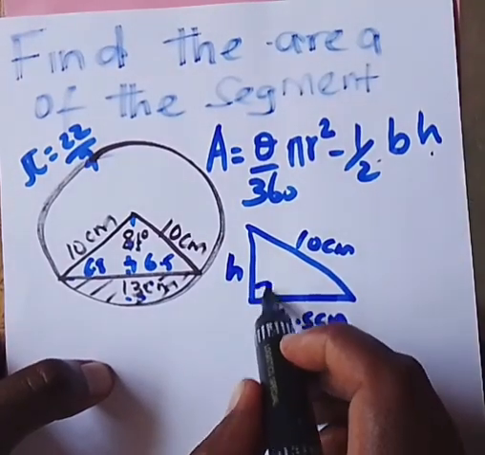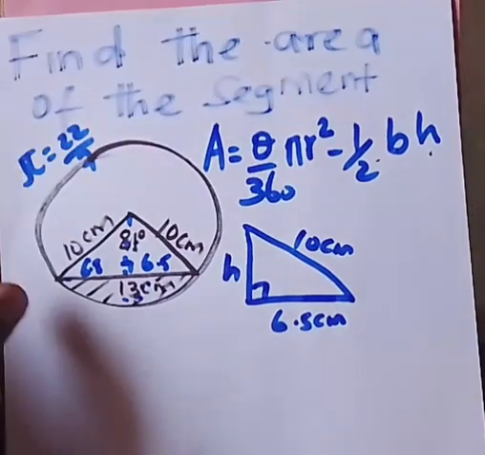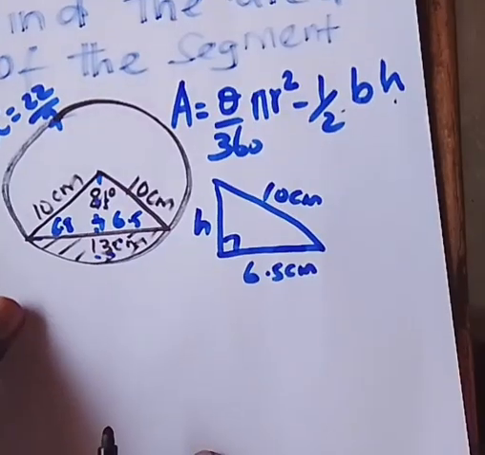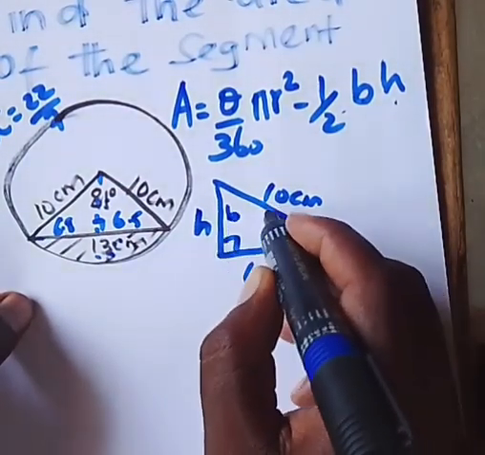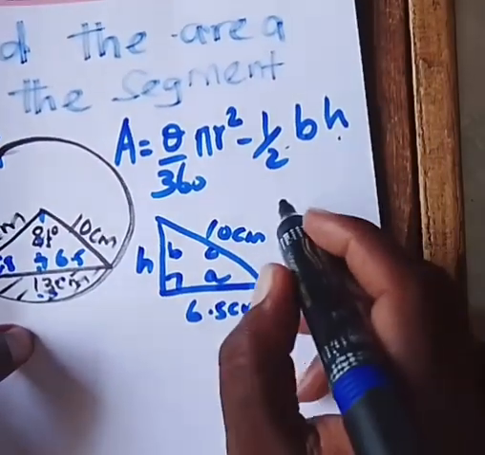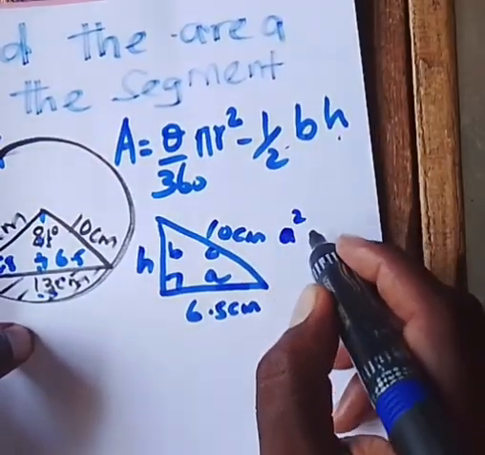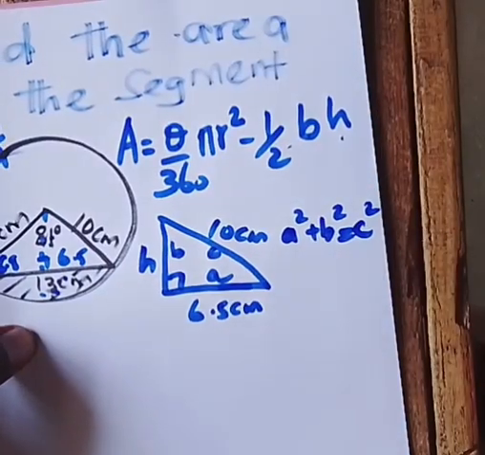So this height, we will use what we call the Pythagoras theorem to get the height. So we can just name this side as A, this side as B, and this side as C. Pythagoras theorem dictates that A squared plus B squared is equal to C squared.